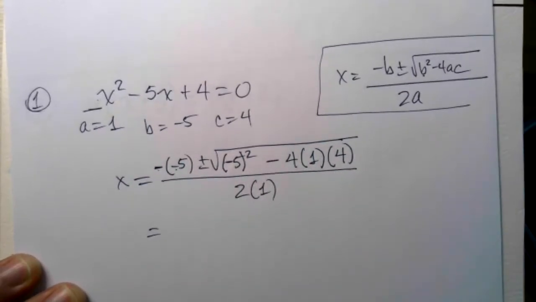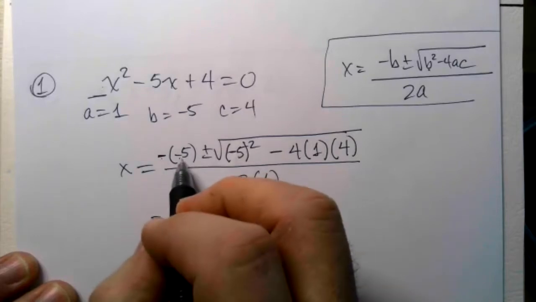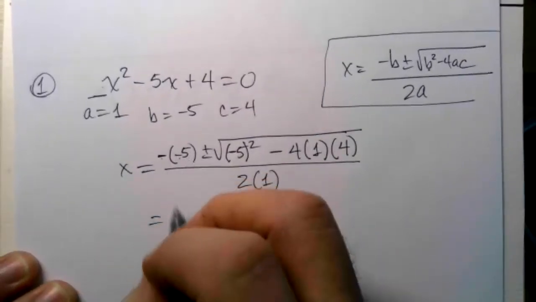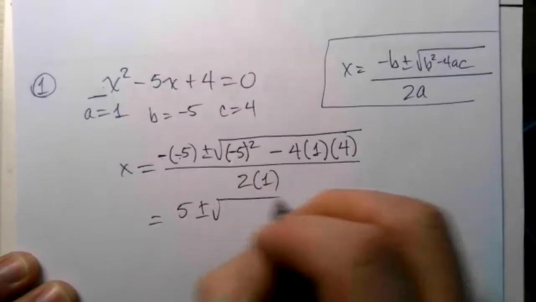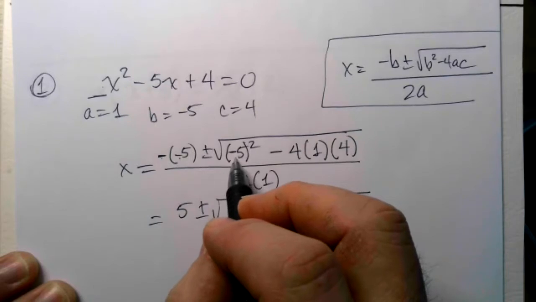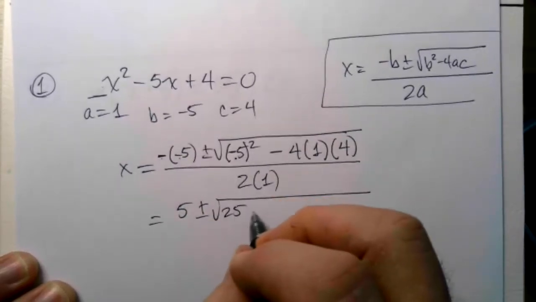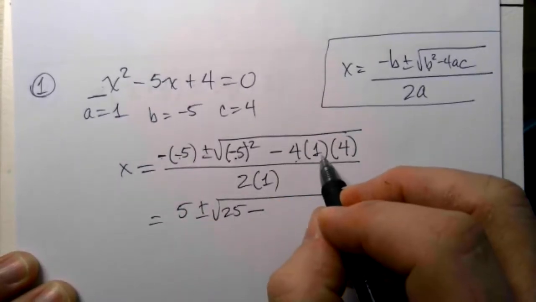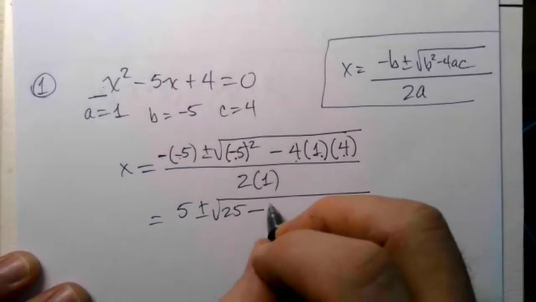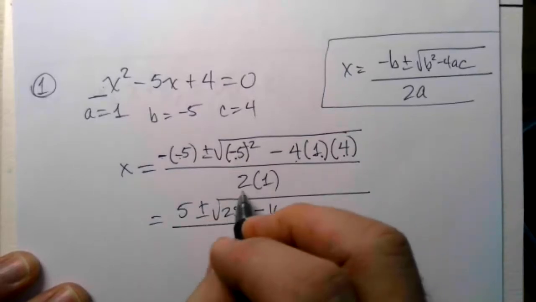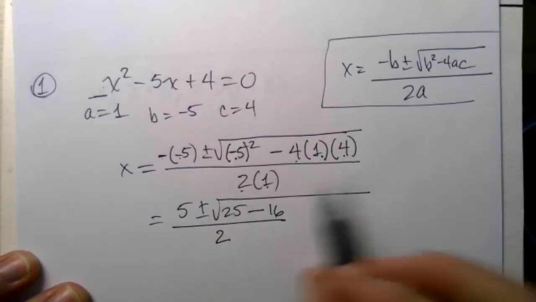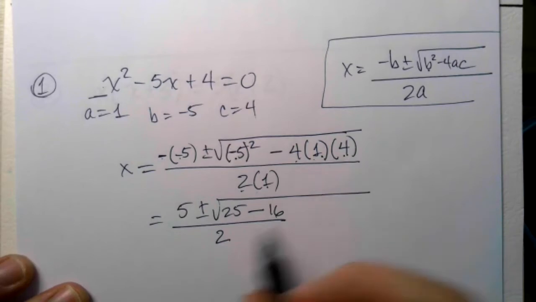All right, so I know I'm talking fast. So the negative of negative 5, the opposite of negative 5, is just 5. Negative 5 times negative 5 is 25, minus 4 times 1 is 4, times 4 is 16. All over 2 times 1 is 2. So I'm being a little careful about my order of operations here. Now, you are welcome to type some of this into your calculator.